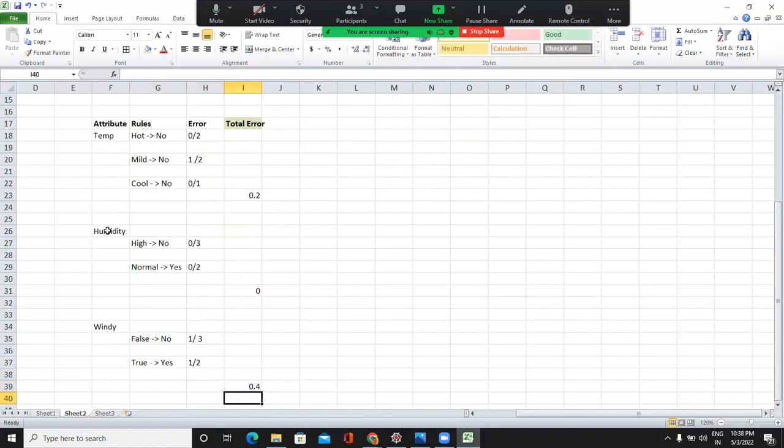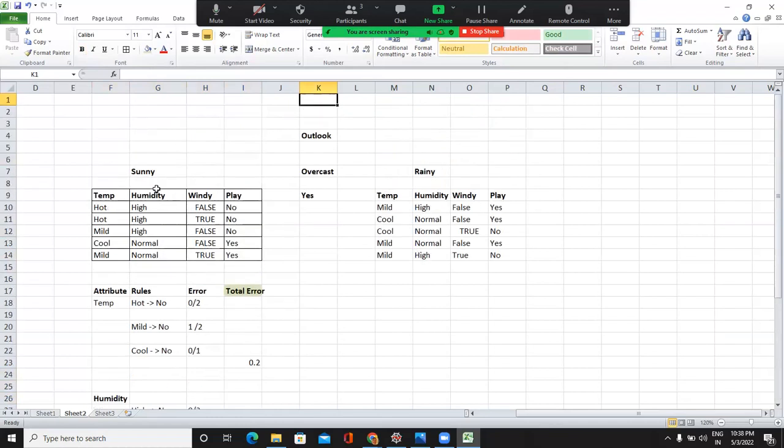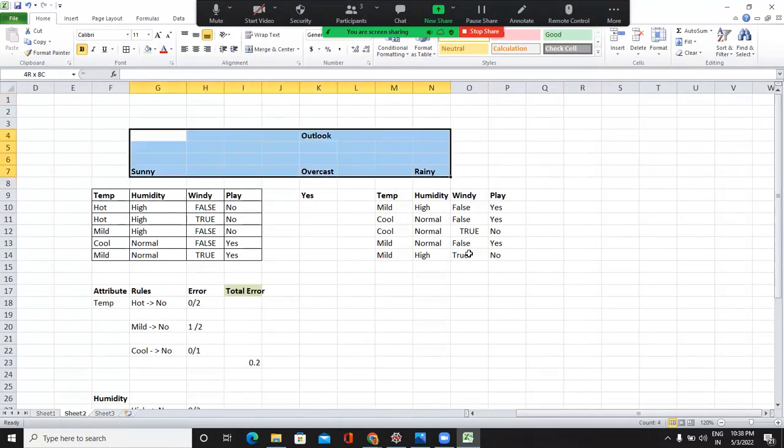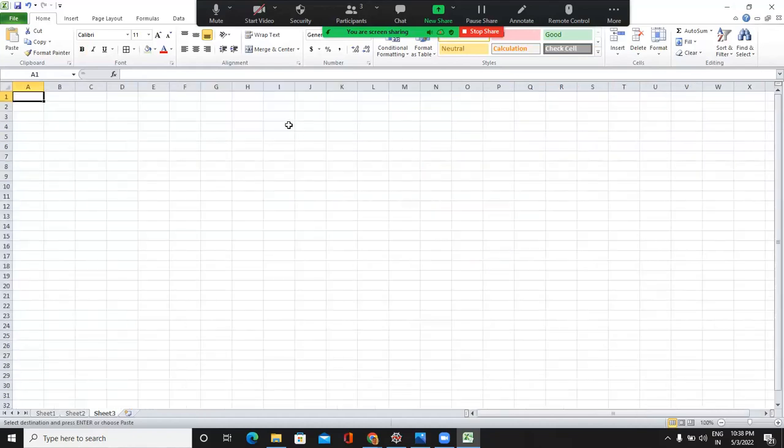Definitely our next node will be humidity. In the sunny part, so under sunny, the first attribute we will have is humidity.